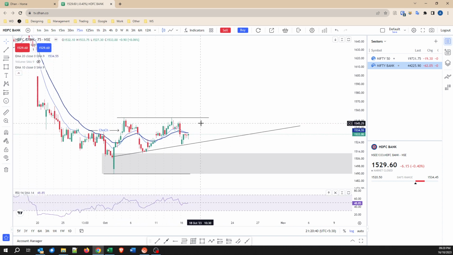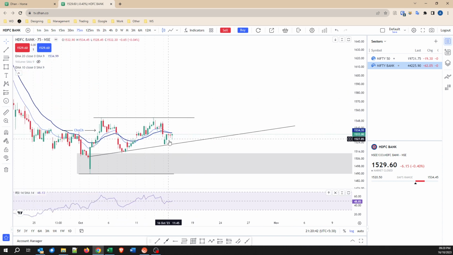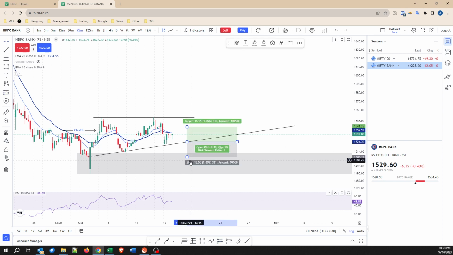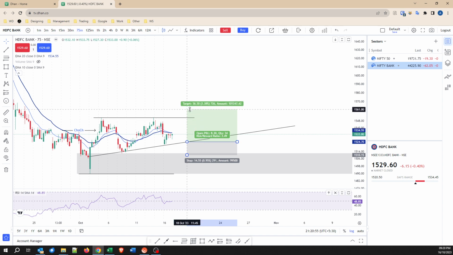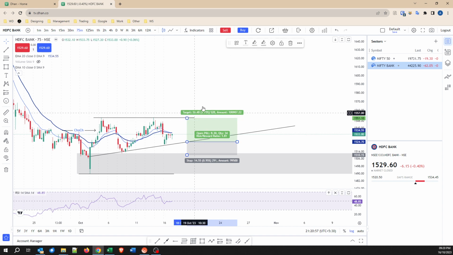So maybe once this gives a breakout, we can enter there, or we can enter somewhere around this trend line with a stop loss below this point. So this is obviously a risky trade, because the risk to reward is 1:1.8.